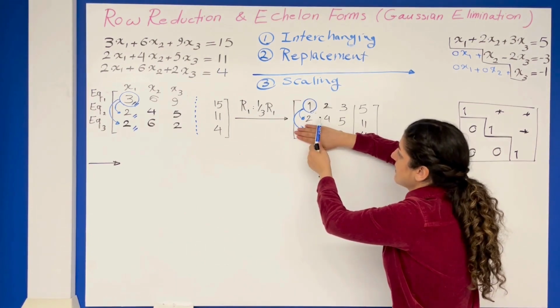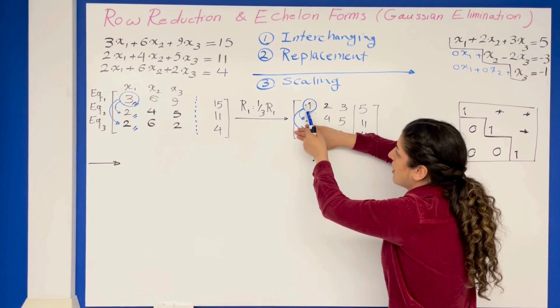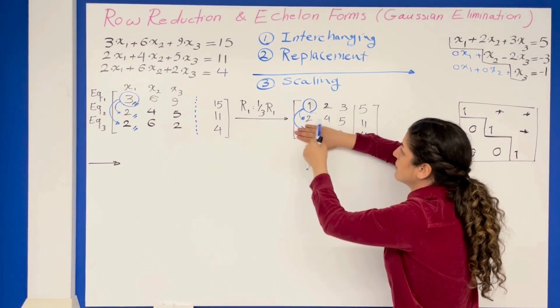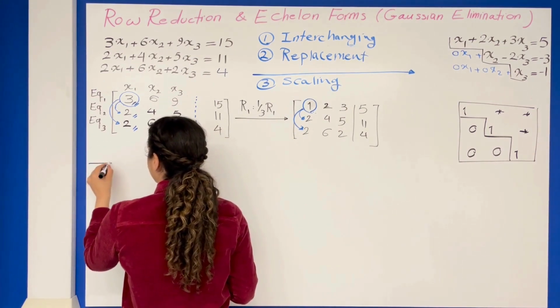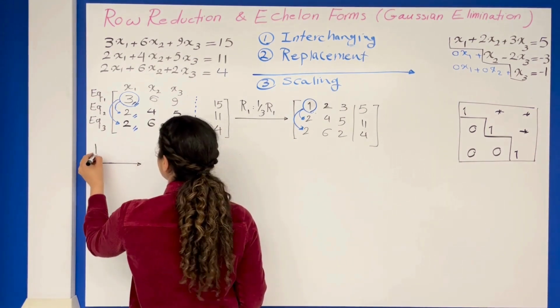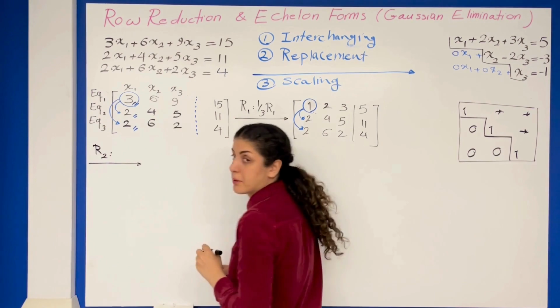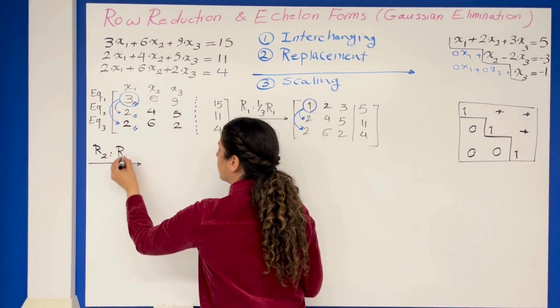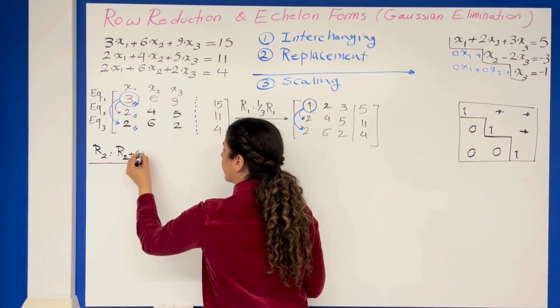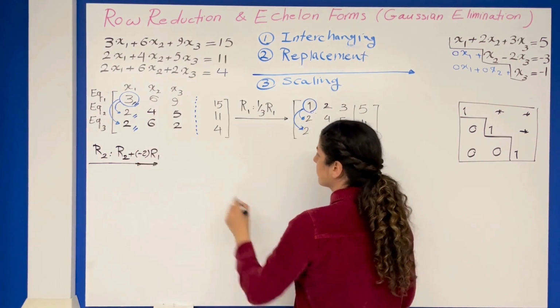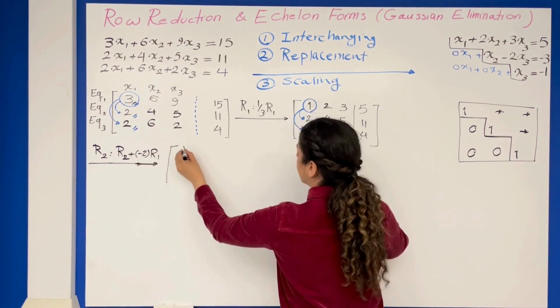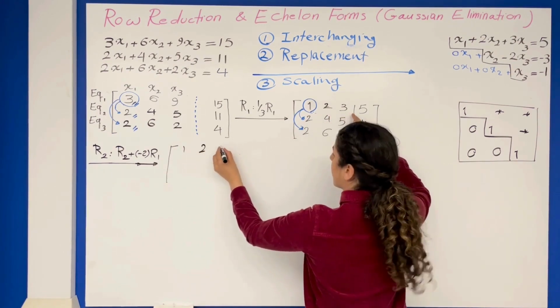So if I add -2 of row 1 to row 2, I can make this 0. So the operation we are using here is R2 being replaced with R2 plus -2 times R1. Okay, so it looks like this. I'm not changing the first row, I'm just going to rewrite it.